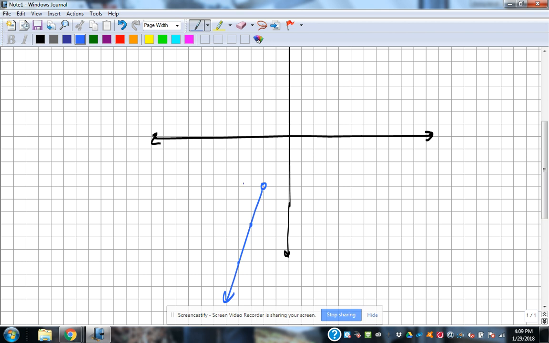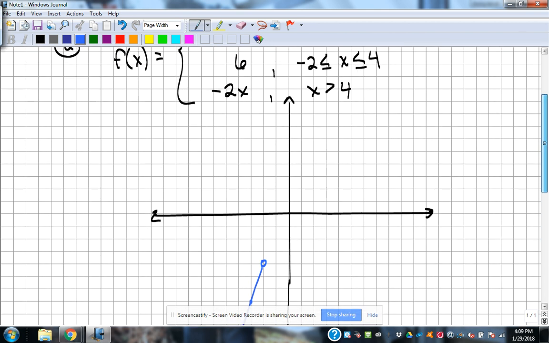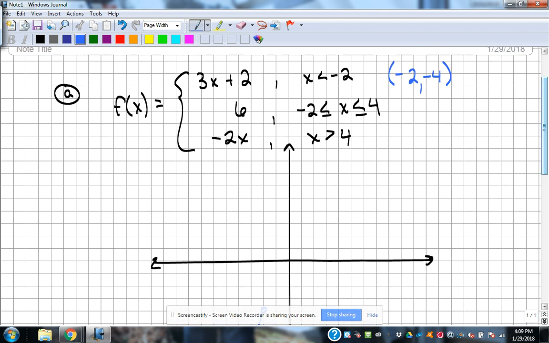Then from there we move on to the second part, and it says that y is equal to +6 when x is -2 all the way up to +4, including both of those. So the important points for part 2, or part B, whatever you want to call it, are happening at -2 and +4.